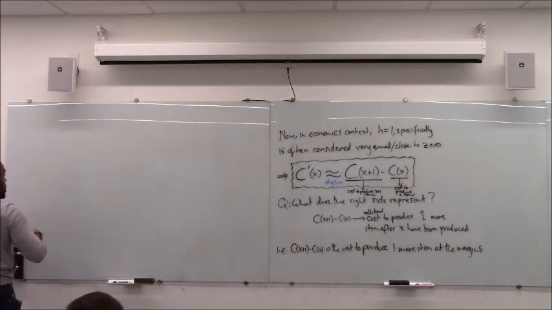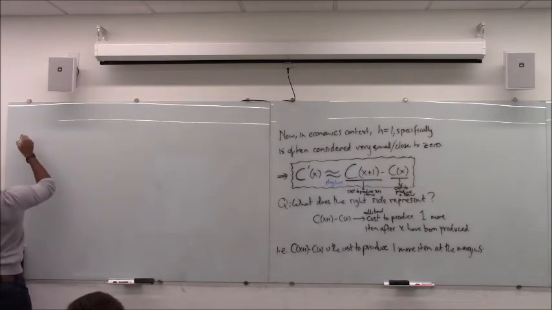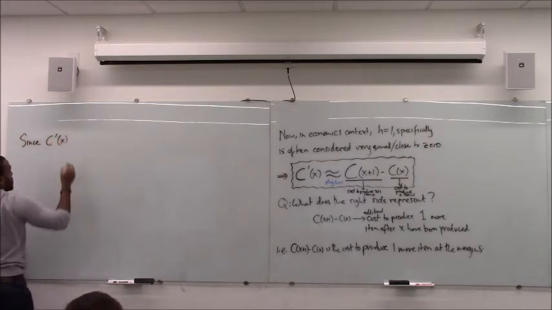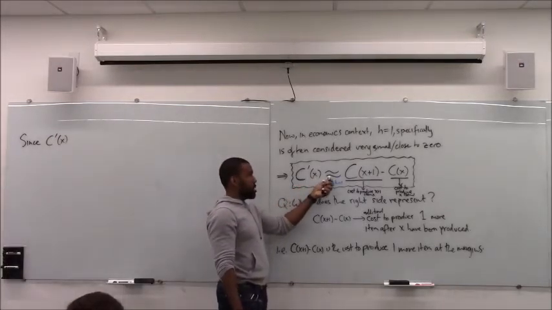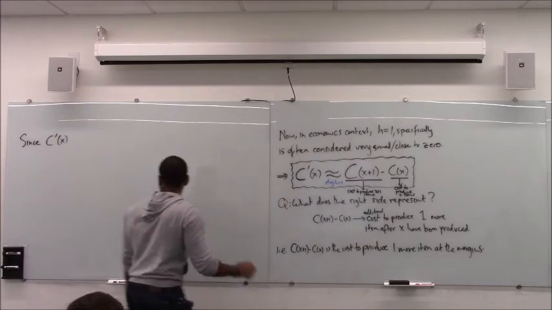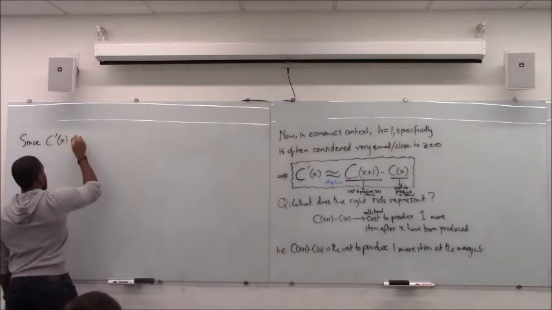And on top of that, notice what we can have for c prime of x. It is approximately equal to that difference. C prime of x approximates this.